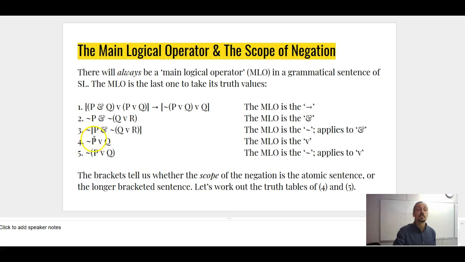It is not the case that P or Q. The brackets tell us what we call the scope of the negation, whether it operates on the atomic sentence, as in sentence 4, not P or Q, or if it's operating on something else, the longer sentence in parentheses, in which case, in sentence 5, for example, it's operating on the "or", on the disjunction. It is not the case that either P or Q. So, why don't you take a few seconds and work out those truth tables. Maybe just for 4 and 5, because they're pretty long truth tables otherwise.